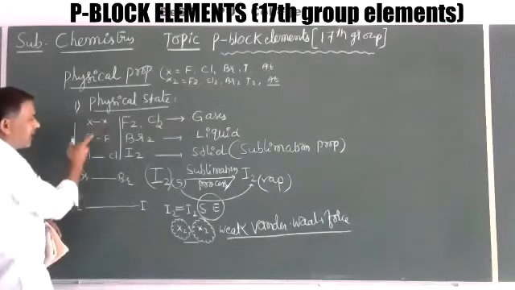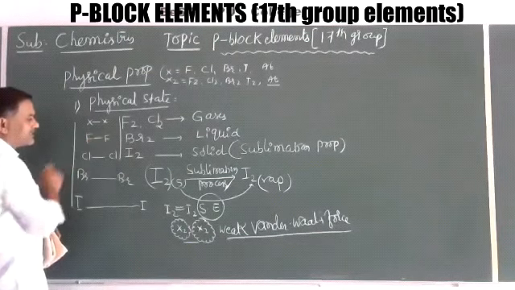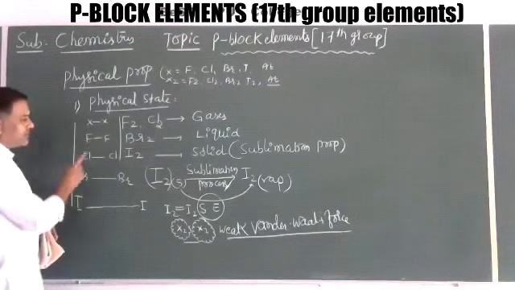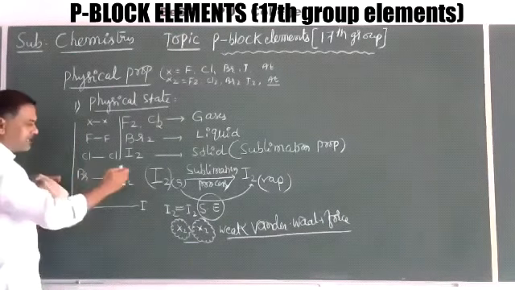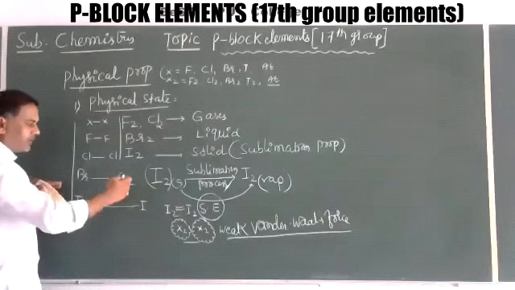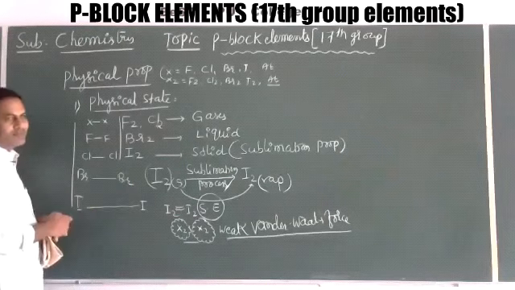Between atoms and atoms, in fluorine and fluorine the bond length is less. They are attractive in nature, more covalent in nature. As chlorine's size increases, covalent nature decreases.